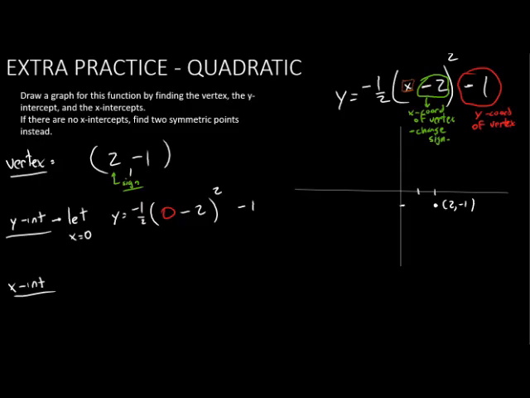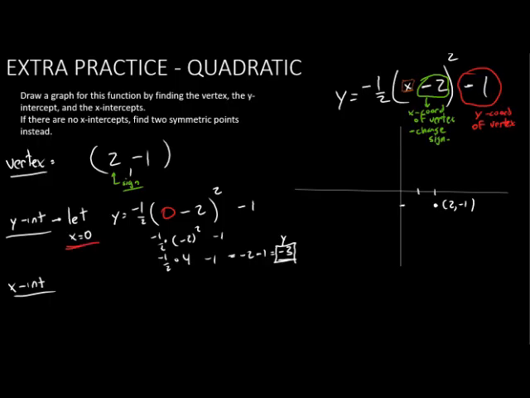0 minus 2 gives -2 squared. We'll have that multiplied by -1/2 and then subtract 1. -2 squared gives +4. We multiply that times -1/2 and then subtract 1. -1/2 times 4 will give us -2, subtract 1, which gives us a y value of -3.